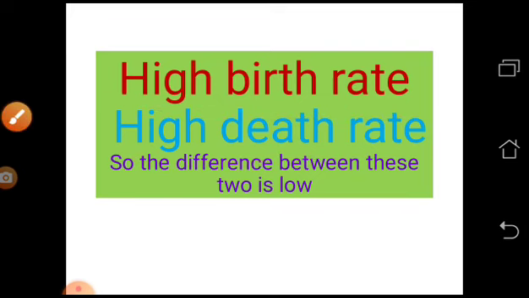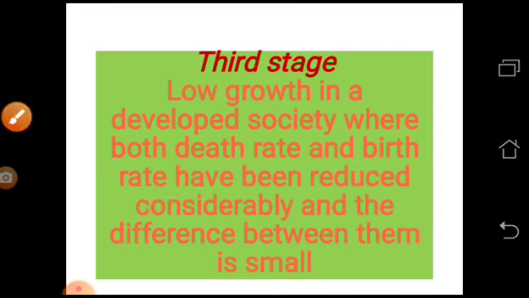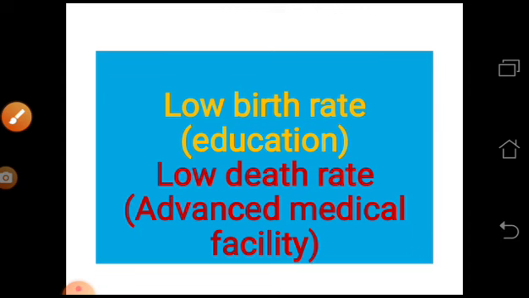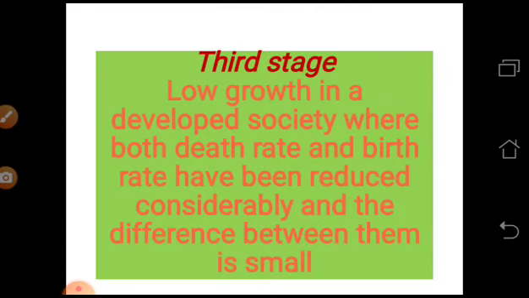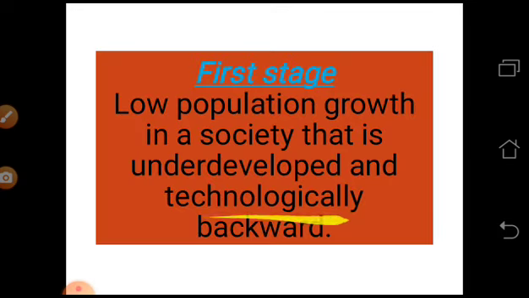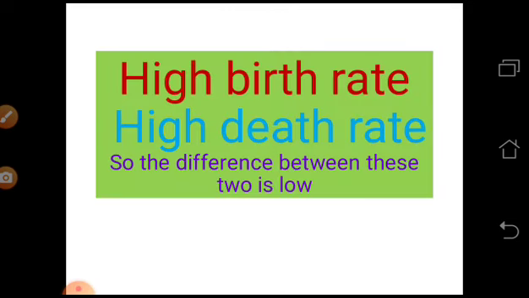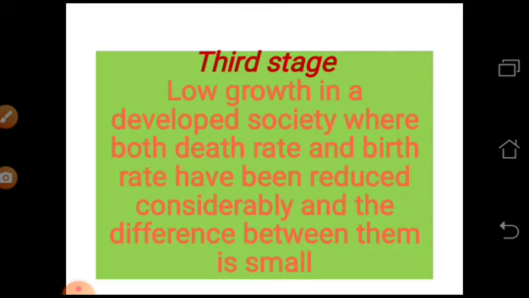But in this third stage, you can see here, the death rate and the birth rate have been reduced. That means both are low. Death rate is also low and the birth rate is also low. So how has it come down? There are some methods or techniques they have applied in the third stage. As we have seen, the first stage was technologically backward, but the third stage is technologically advanced.